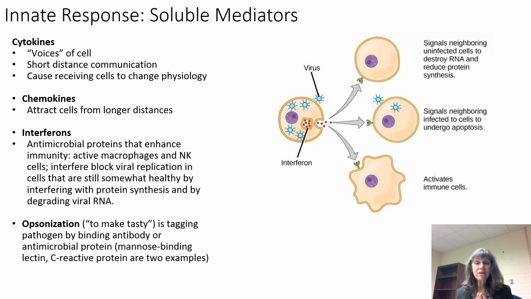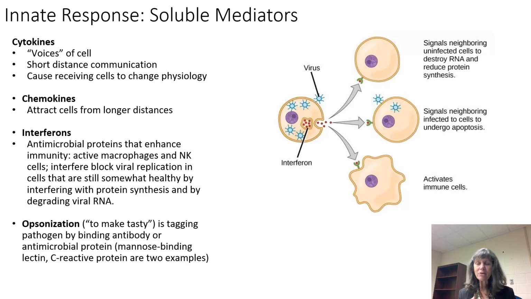And so cytokines are chemicals that are released by cells that only work over very short distances, and they can cause the receiving cell to change its physiology, how it functions. Chemokines are the chemicals that attract other cells in the process of chemotaxis over longer distances.